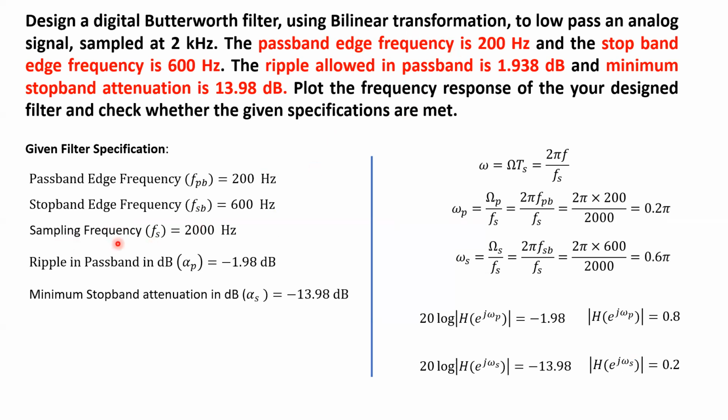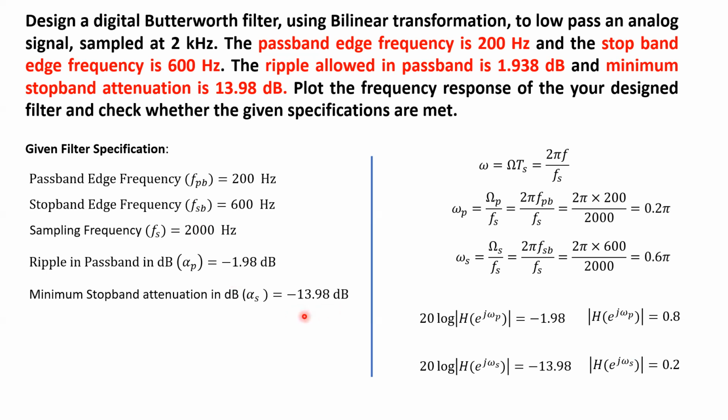The sampling frequency mentioned is 2 kilohertz, and the ripple allowed in the pass band, given in dB, is alpha p, equal to minus 1.98 dB. The minimum stop band attenuation given in dB is alpha s, and it equals minus 13.98 dB.